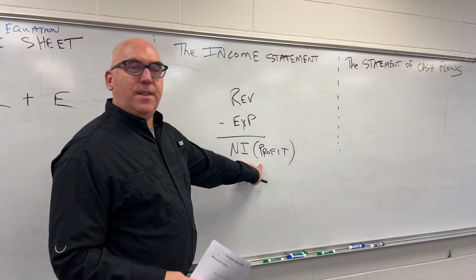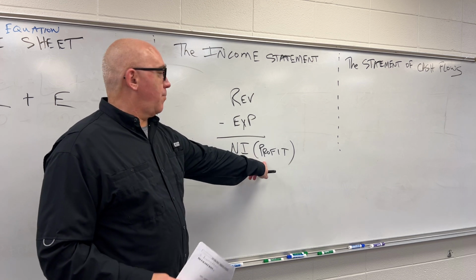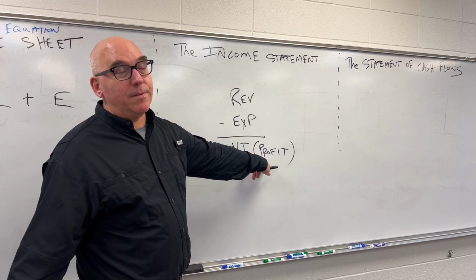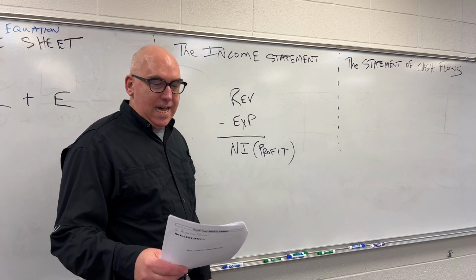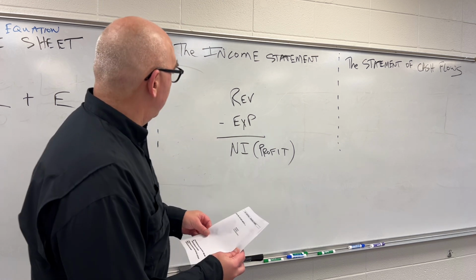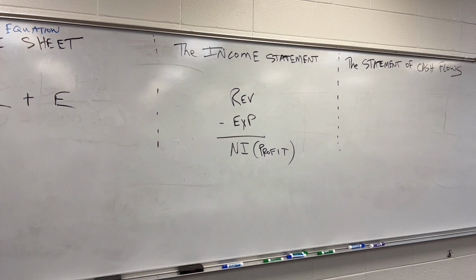And the NI stands for net income, profit. These are synonyms. They mean basically the same thing. Revenue minus expenses equals net income, and that is the format of the income statement.